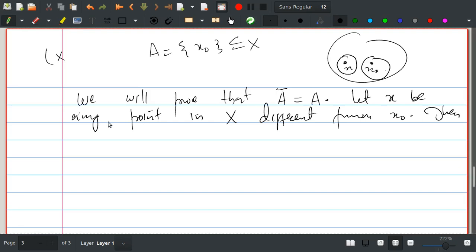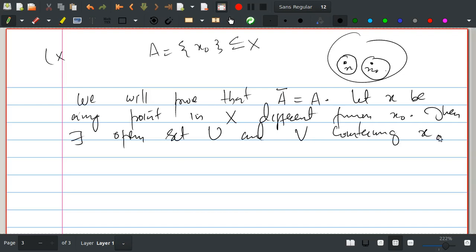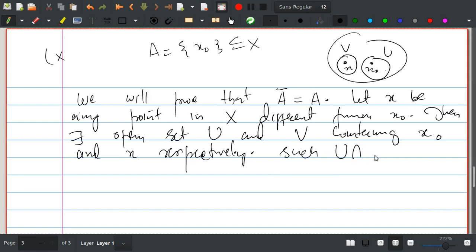Then there exist open sets, say U and V, containing x naught and x respectively, such that their intersection is empty.